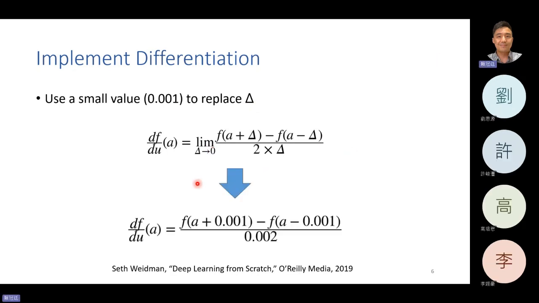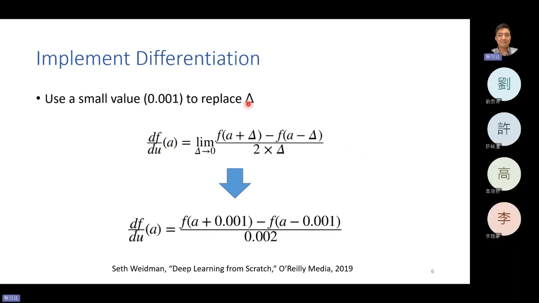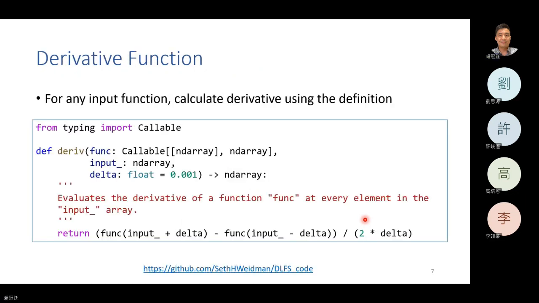The 0.001 is considered small enough. So using this formula, we can directly calculate the derivative without deriving the formula of the function f of x.